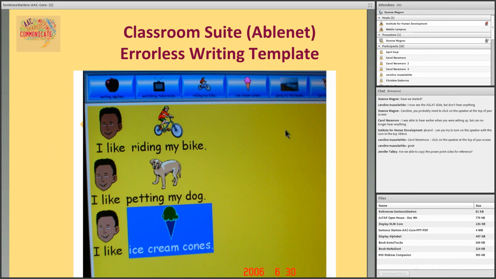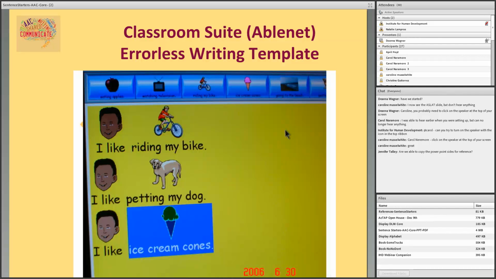Classroom Suite has a really nice way of practicing writing sentences with a starter and an ending. The hard part is that there's a choice of 2 sentence starters and then as many endings for the sentence as you want. It has picture supports.